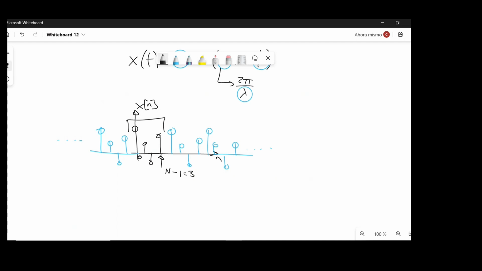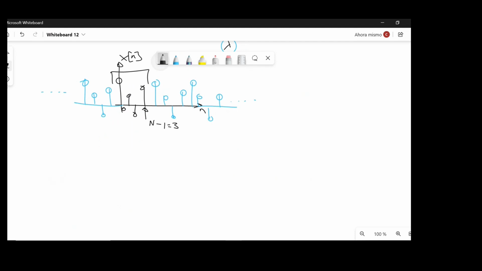Okay. And we know that the Fourier transform of the discrete signal, my discrete signal goes from 0 to 3. I know that the Fourier transform is also a signal. I will use this notation here. And it also has 4 coefficients.